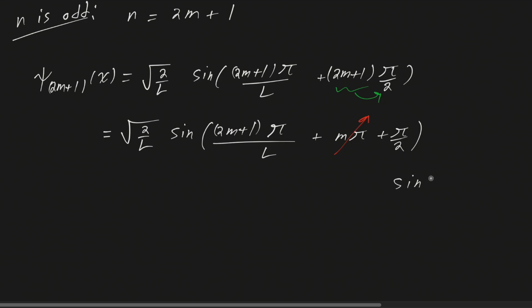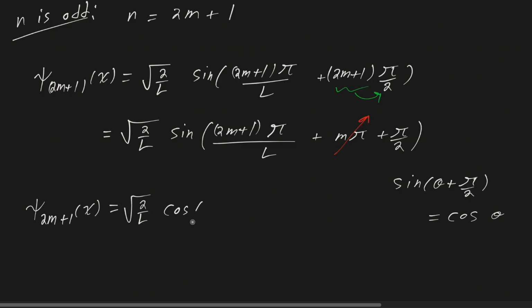And so the sine of theta plus pi over 2 will change the sine to a cosine function, with some term that is either positive or negative, but we don't care in that case. So we can write the odd functions psi 2m plus 1 of x equal to the square root of 2 over L cosine of 2m plus 1 pi over L x.